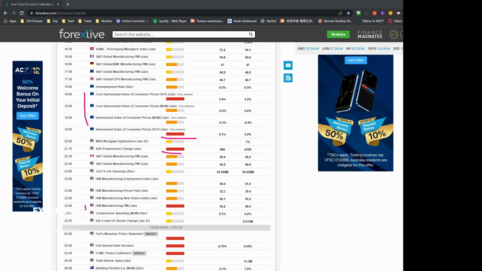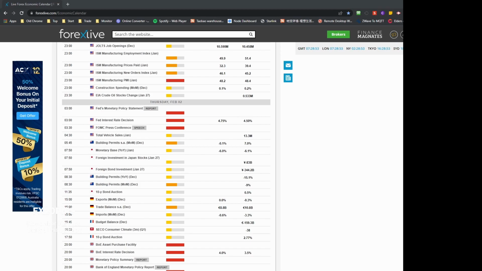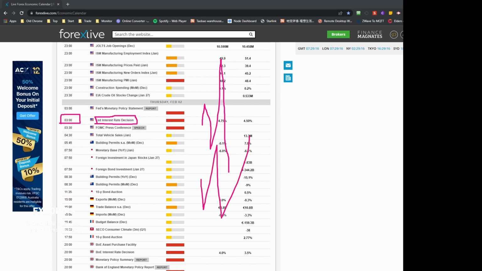Like what I was saying, the major big one, where price spikes and moves in a certain direction, would be first, 3 a.m. my time, the FOMC decision. This one causes the price to spike. Up or down, I don't know. You might start with low, up, I don't know.